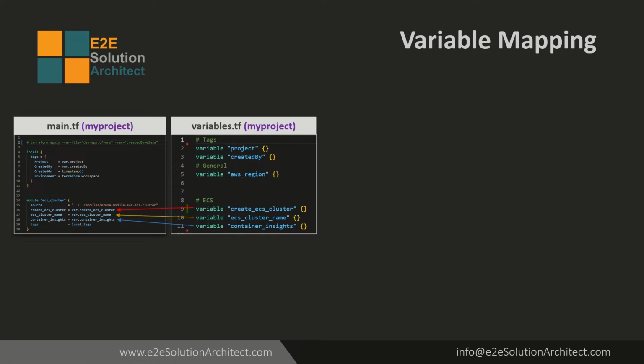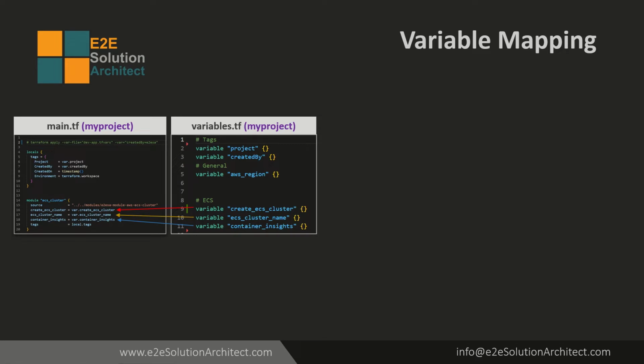So whenever you hear that variables.tf, it means that all the variables are in variables.tf. When you hear the main.tf, it means that all the resources are defined in main.tf. Okay, so main.tf uses all the variables which are mentioned in variables.tf to create any resource.